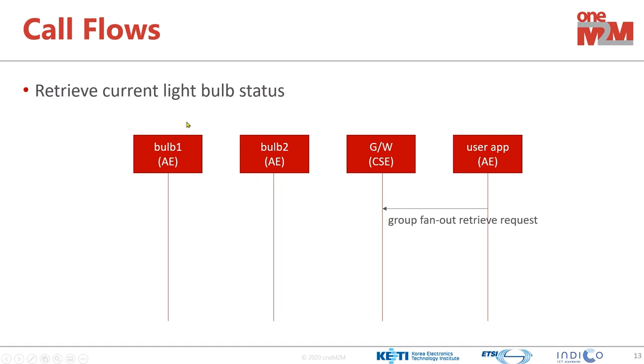Of course, even the AE resources and the container resources of those different light bulbs are all stored and supported by this CSE. So there's no direct interaction between the user application and the light bulbs to get the latest sensor reading.